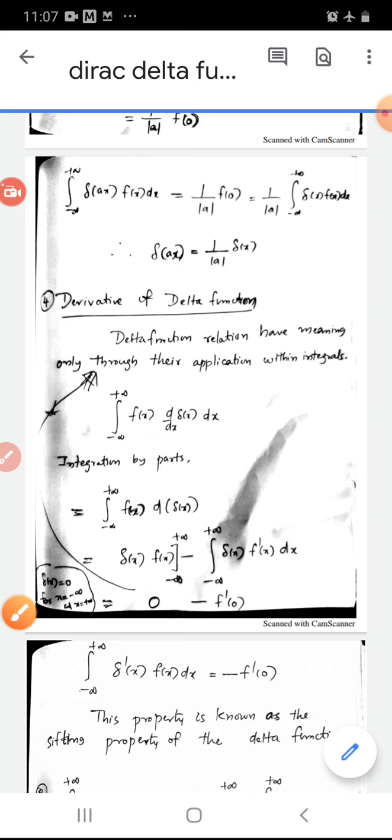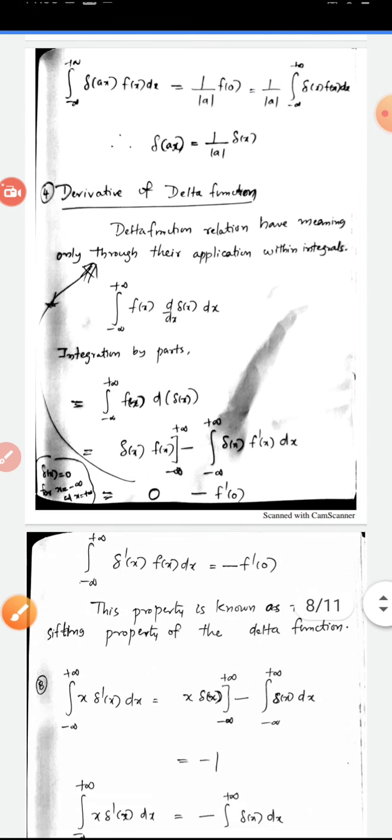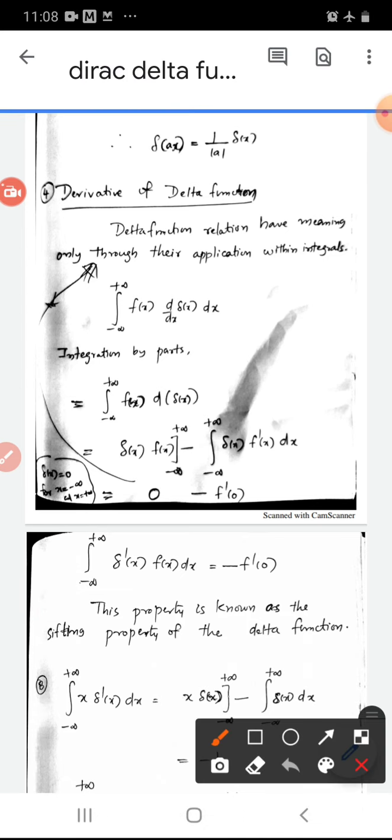Now what we do is we do the integration by parts. So we write this in this form. So we get what, by integration by parts we will get delta x f of x. Here limits are minus infinity to plus infinity, then minus integral minus infinity to plus infinity delta x f prime of x. Okay.